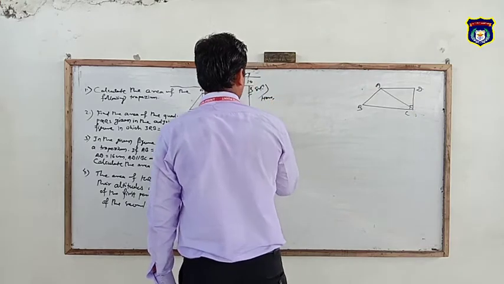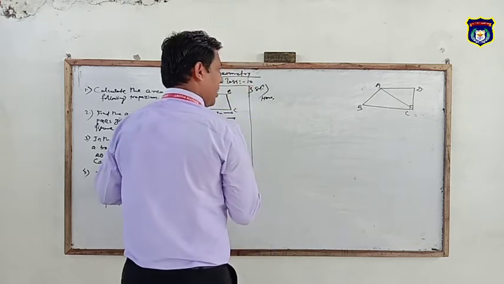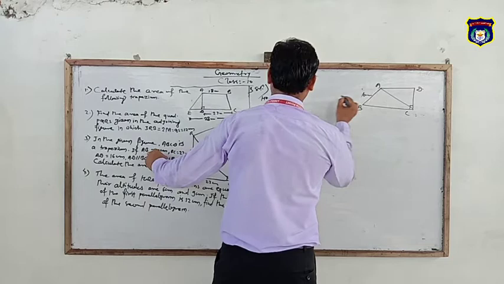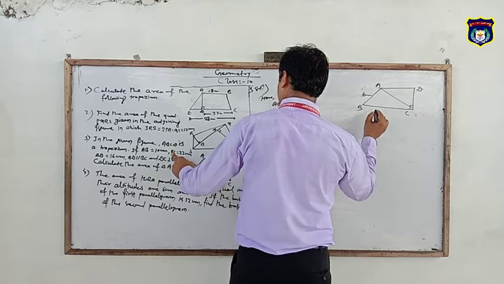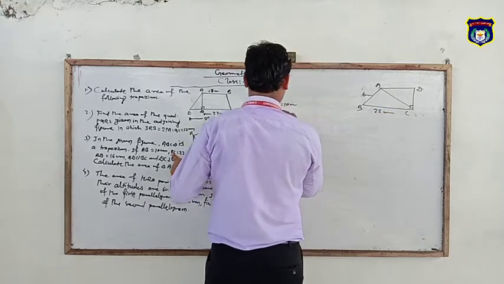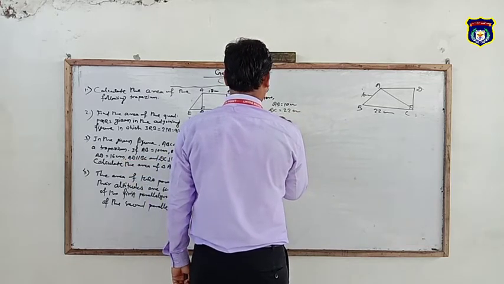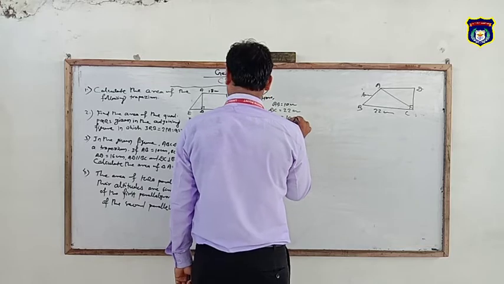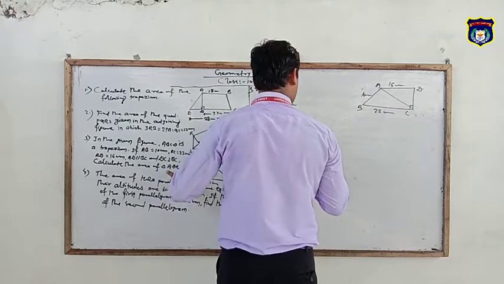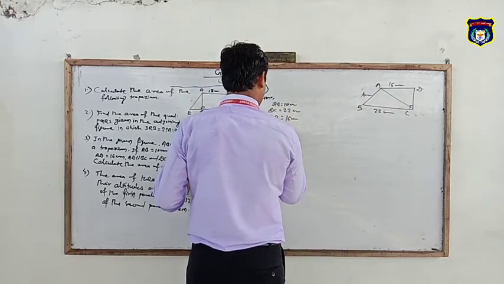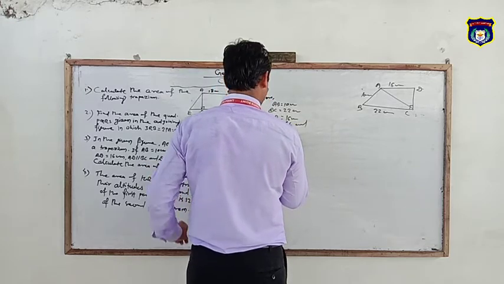We are going to write the given: AB equal 10 cm, BC equal to 22 cm, and AD equal to 16 cm. After that, AB perpendicular BC and AD parallel to BC.